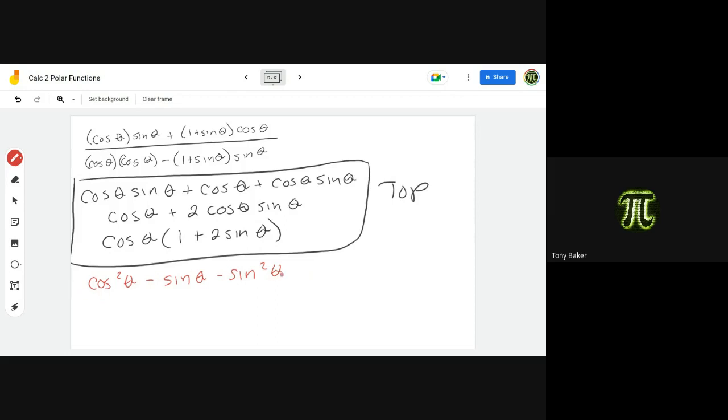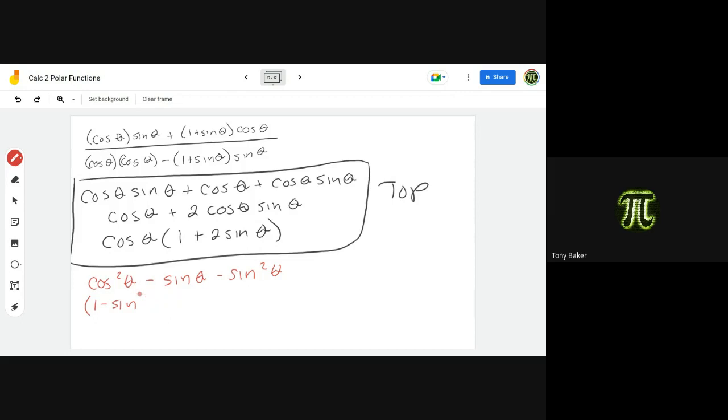And I've got a bunch of signs with this cosine. So I'm going to change that to 1 minus sine squared θ.